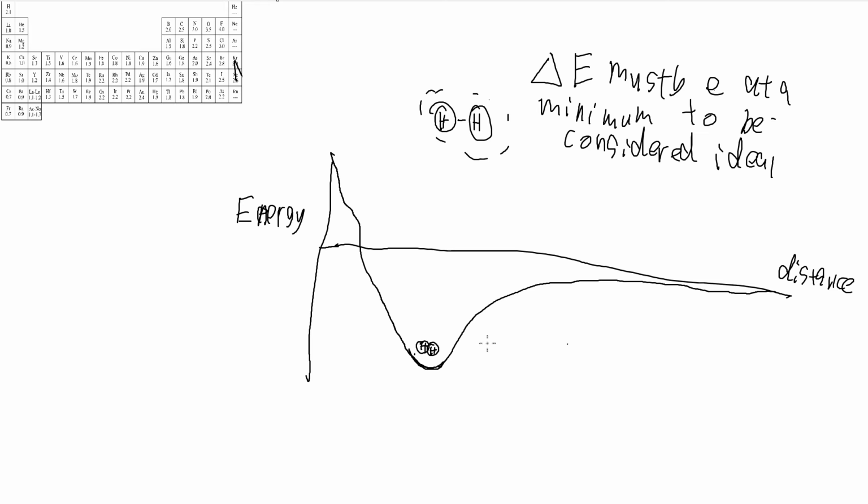asymptote, okay? And so what you'll probably see on the AP exam is something that looks a little bit like this, with two hydrogen atoms that are basically not attracted to each other anymore, and two hydrogen atoms that are way too close to each other, okay? They're almost fused, okay? So this is what intermolecular forces and potential energy are, okay?